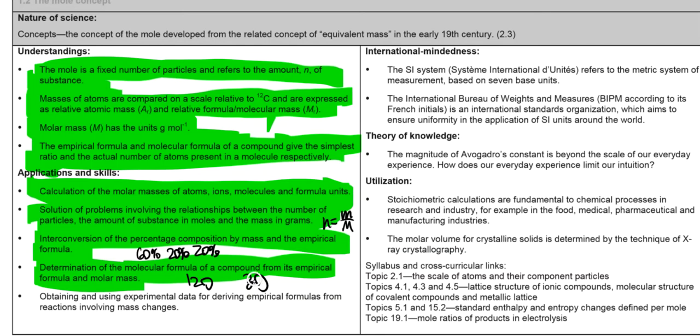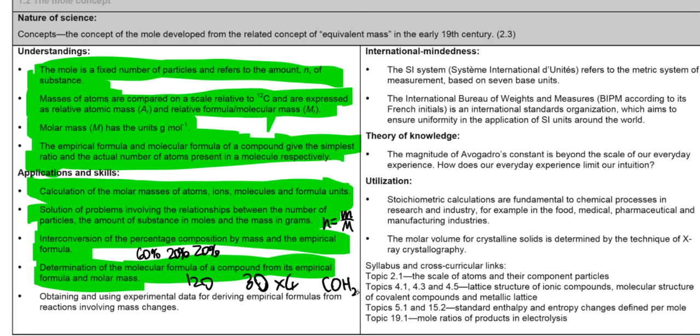Well, you know there's probably going to be 4 times the empirical formula to get the molecular formula. So, say for example, you have 2C2H6. Okay, that doesn't work. But let's say you had COH2.